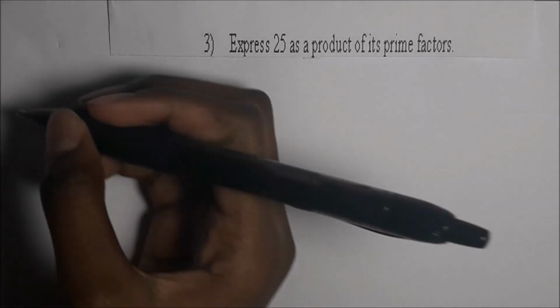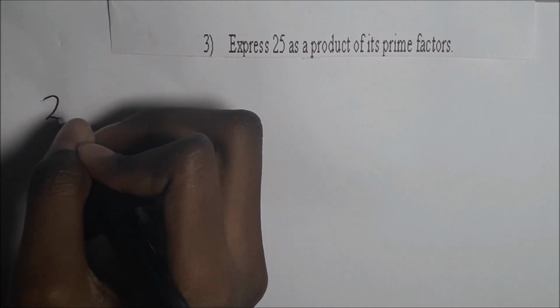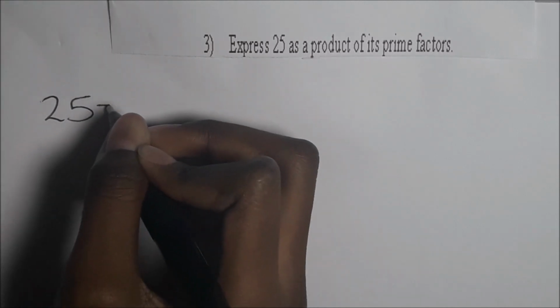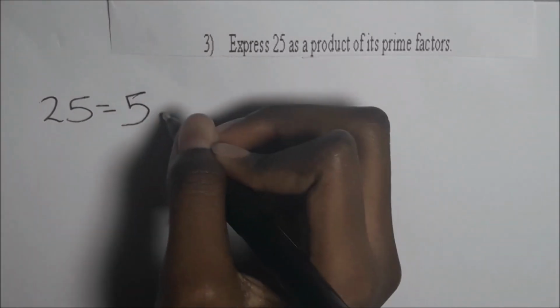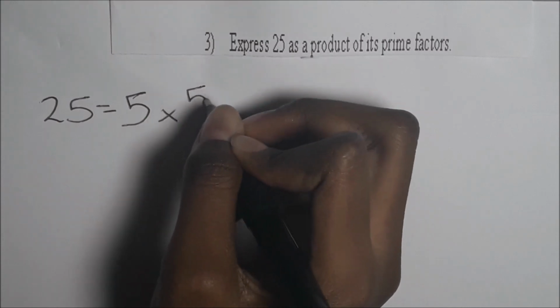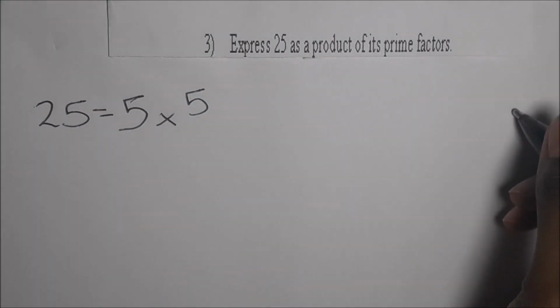Express 25 as a product of its prime factors. Go ahead. 25 equals 5 times 5. Show me how you got there. Do the division box.